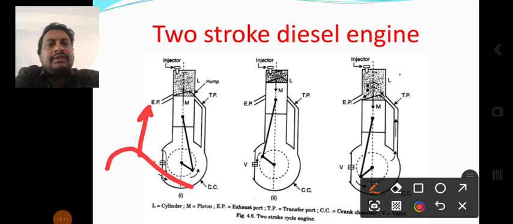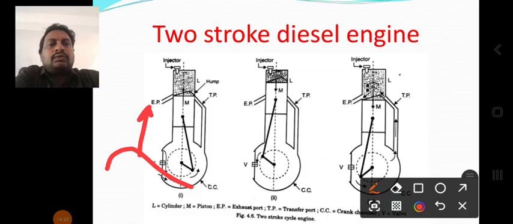So the main difference we have seen is that in the 4-stroke engine, air directly enters the engine cylinder. But here in the 2-stroke engine, air enters the crankcase first. During the upward stroke, the inlet port will be opened and air will enter the crankcase.